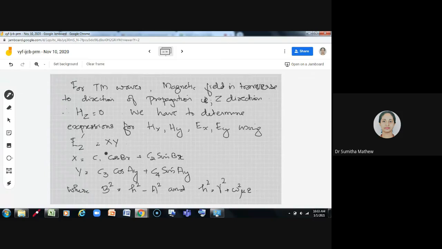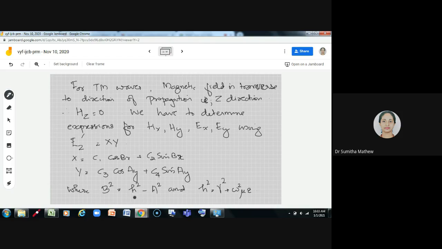And we also have Ez dash, of course Ez should exist. So Ez dash is equal to XY, where X is of this form, Y is of this form. Both are functions of cos and sine, where B square is yet another substitution we had done.